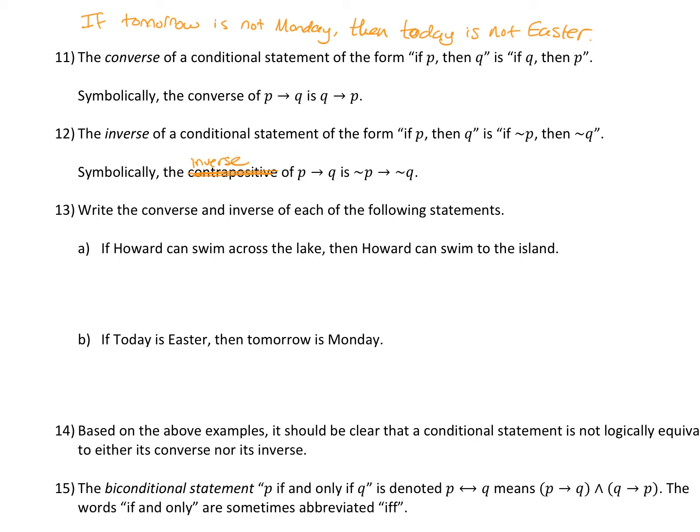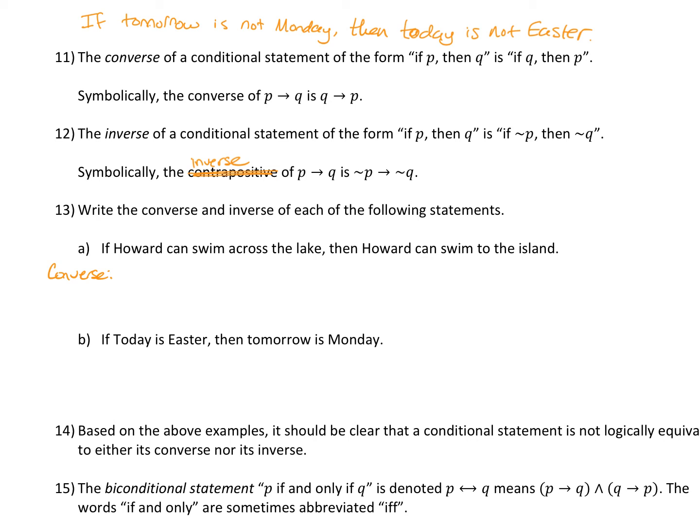Let's write the converse and the inverse of each of the following statements. So the same two statements that we did the contrapositive of, and we were able to see that the contrapositive does have the same meaning as the original statement. We're going to look at the converse and the inverse and see that they do not. So the converse of if Howard can swim across the lake, then Howard can swim to the island.